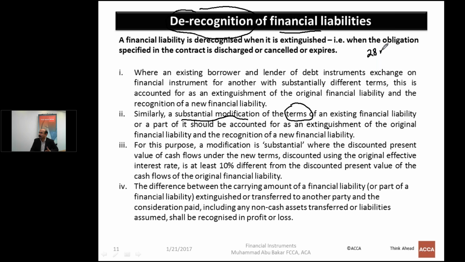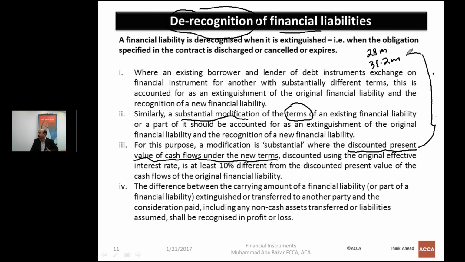This was our financial liability before de-recognition, and 31.2 million was calculated, which is the discounted present value of cash flows under the new terms.